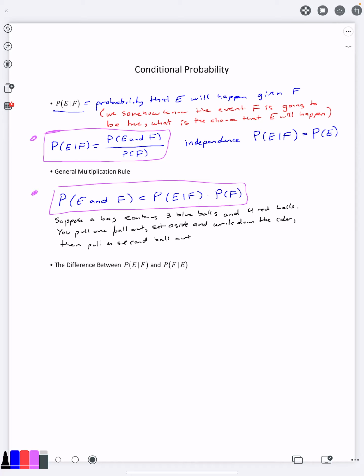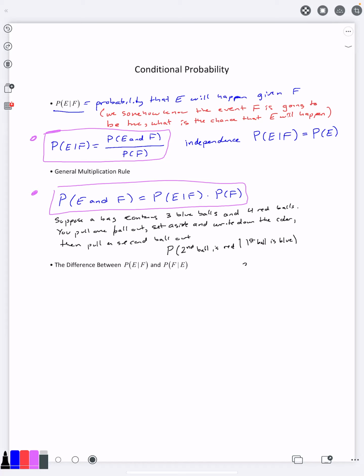So what if I wanted to ask you, find the probability that the second ball is red, given that the first ball is blue? So we're saying that we are going to be in a situation where we know the first ball that got pulled out was blue, and then we're looking at what is the chance of the second ball being red.